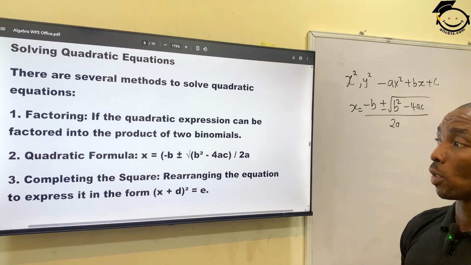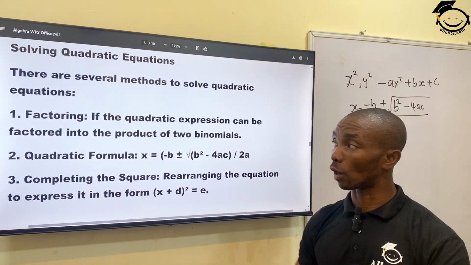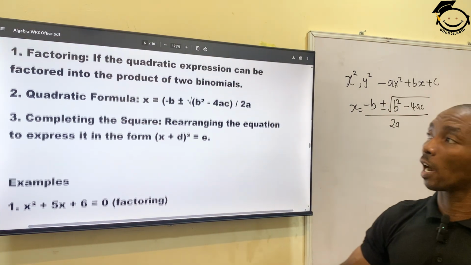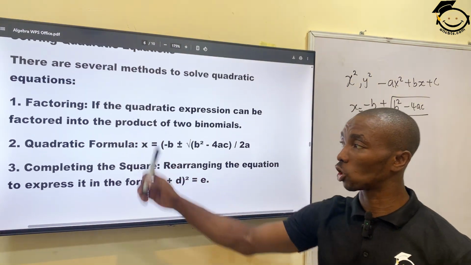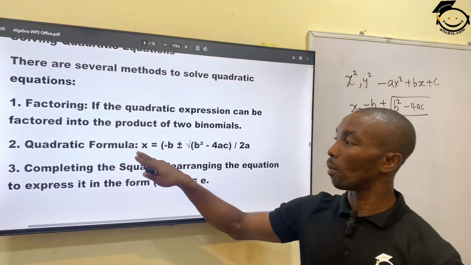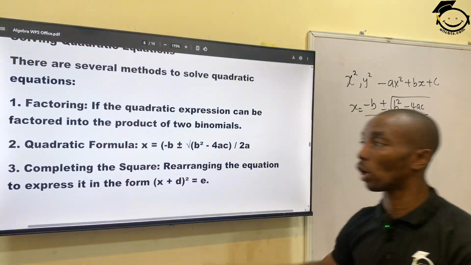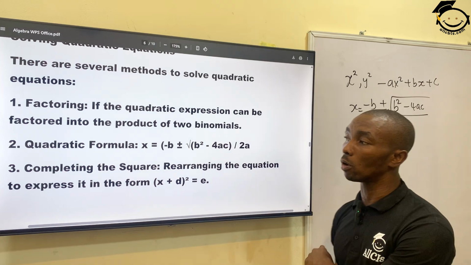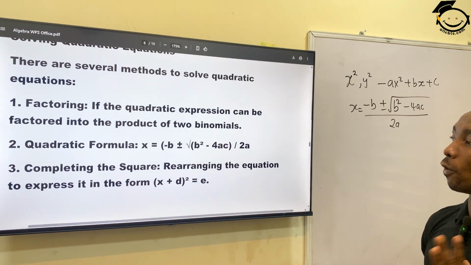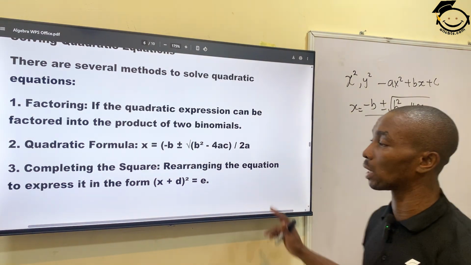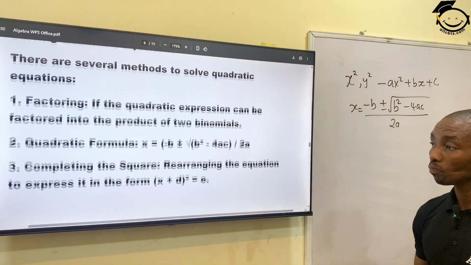Like I said earlier, there are 4 major ways of solving quadratic equations: the factorization method, the quadratic formula method, the completing the square method, and we just finished looking at the graphical method.